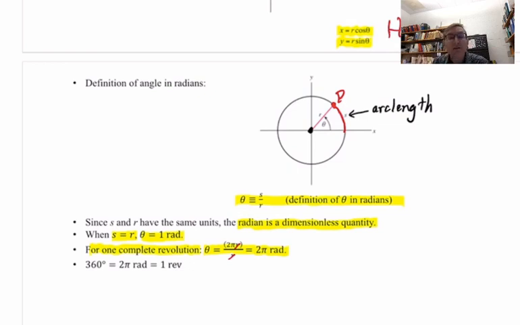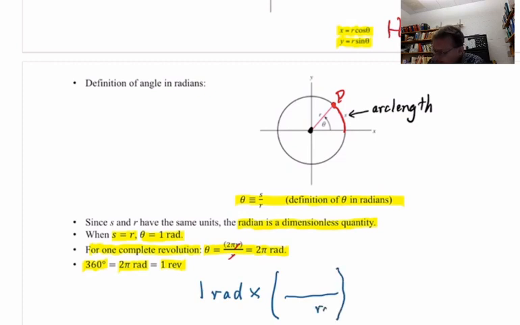So here are the conversion factors you want to remember. All the way around once is 1 rev, revolution. That is equivalent to 360 degrees, yes, or 2 pi radians. So that's our conversion factor. So let's actually use it to find out how big 1 radian is in degrees. So 1 rad, radian. We're going to just do a units conversion. So I'm going to multiply by a conversion factor that is equivalent to unity with the radian downstairs and the degree upstairs.